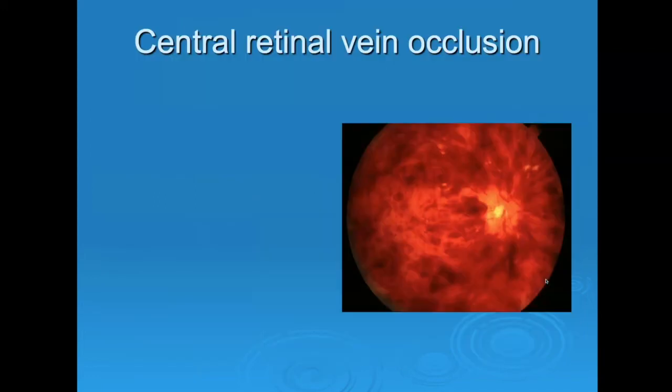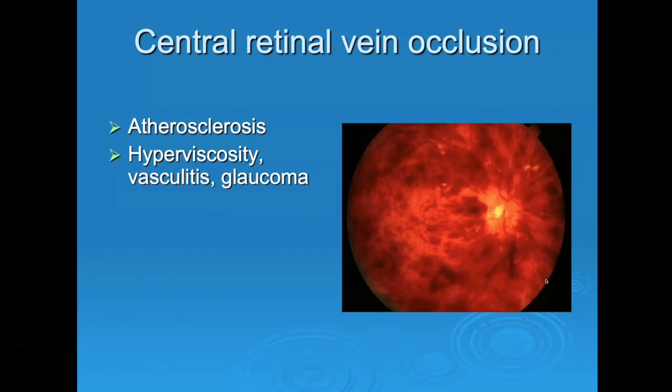A central retinal vein occlusion is as described. It's an occlusion of the main vein draining the entire retina. It's usually caused by atherosclerosis of the adjacent arteriole, but is contributed to by hyperviscosity states, vasculitic states, and glaucoma.